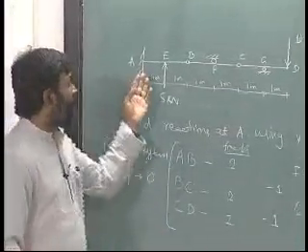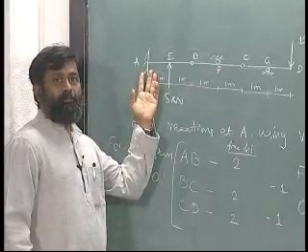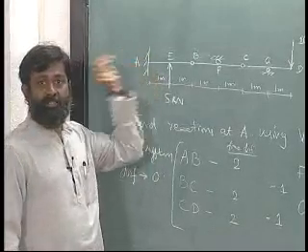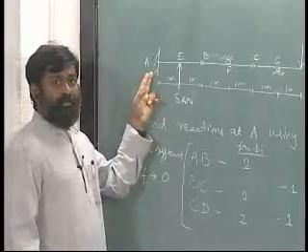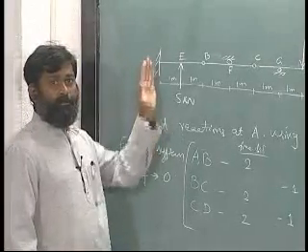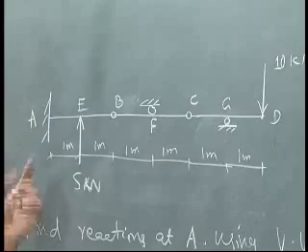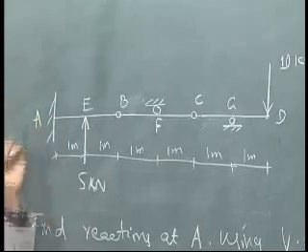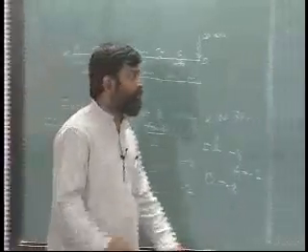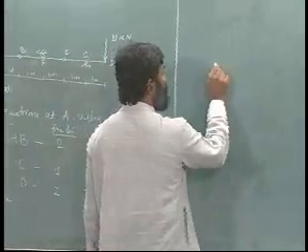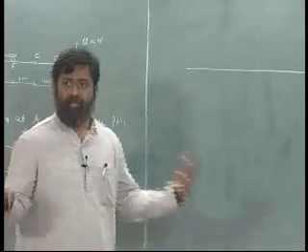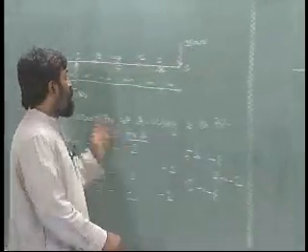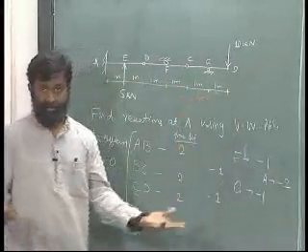Now I want to find out the support reaction. Okay. We have already found out the vertical reaction, we need to find out the moment reaction. How do I find out the moment reaction? Very simple, I will start with the same kind of notion. The total degrees of freedom for this is equal to 0.